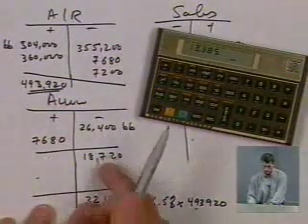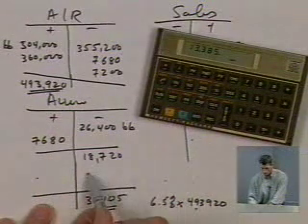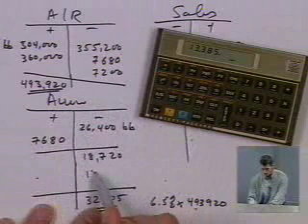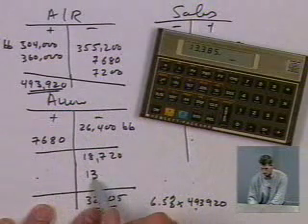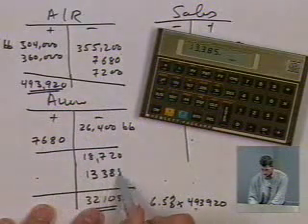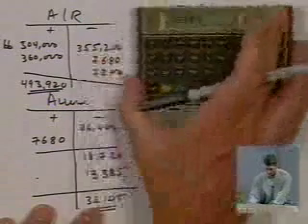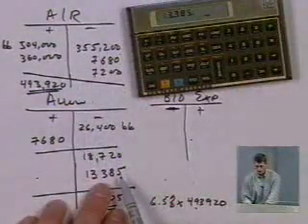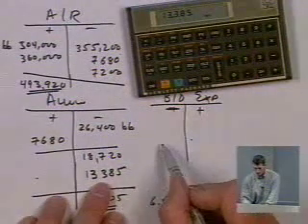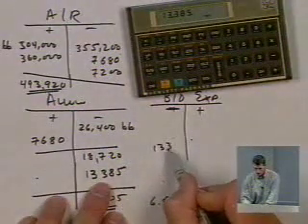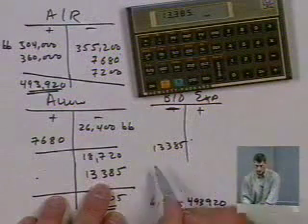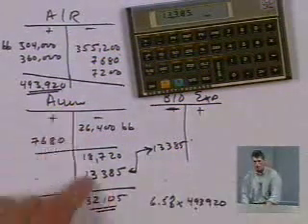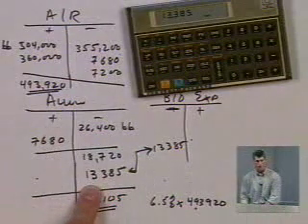And so, in order to bring it up from 18 to 32, we have to increase the number in the allowance account, or credit the allowance account by 13,385. So, the entry then is what? A debit to bad debt expense for 13,385 and a credit to the allowance account for 13,385.